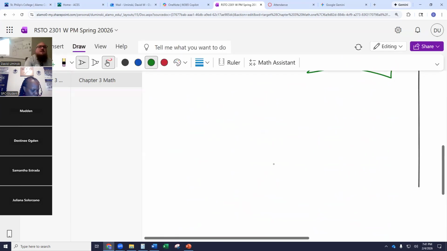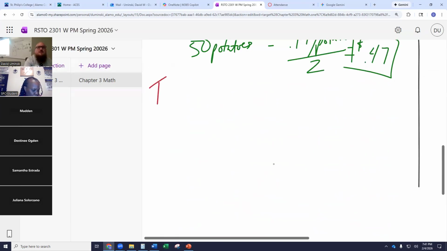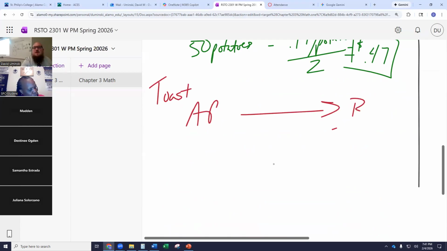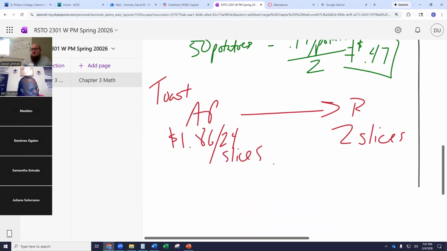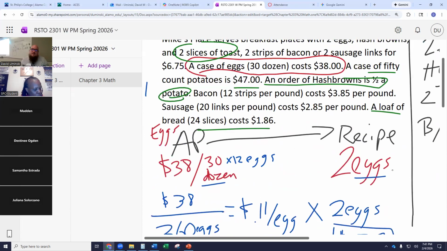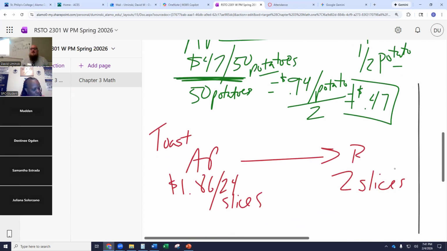So let's get a new color going. Toast. Pizza recipe, 2 slices. What did I say? $1.86 for 24 slices. Yep, okay.